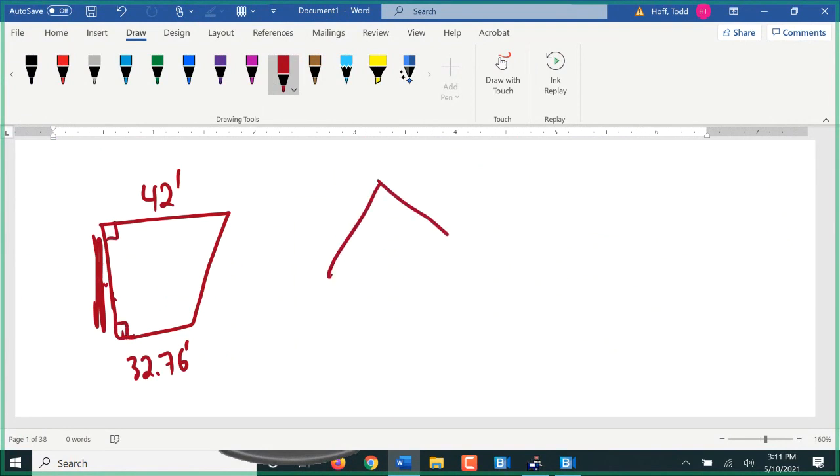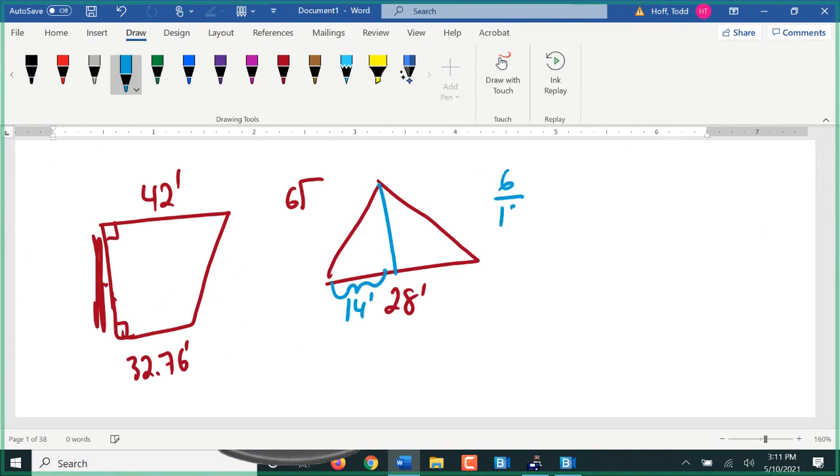So to do that, we're going to look at that truss on the end. This is a 28-foot span, 6/12 slope. We're going to run that a 14-foot run, half the span will be our run. 6 over 12 equals H over 14, giving us H equals 7 feet.